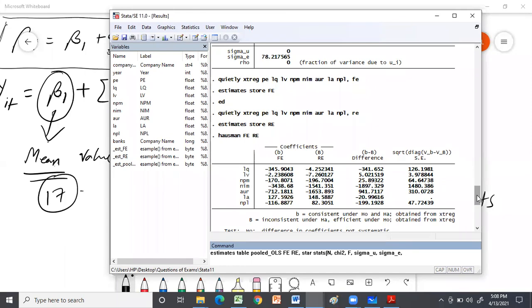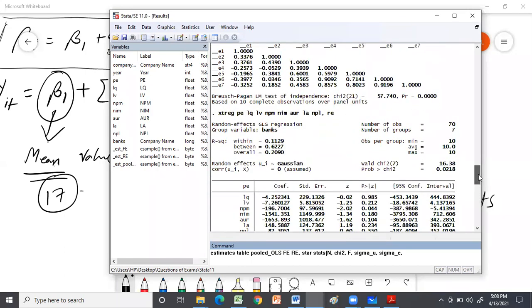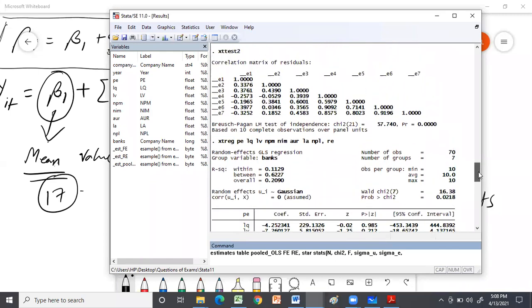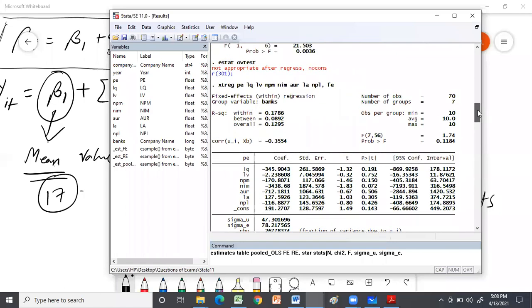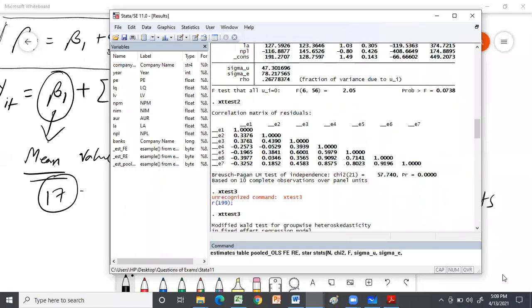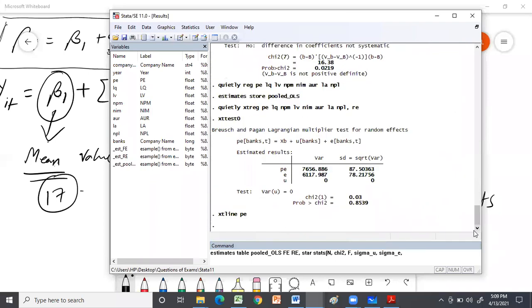Anything else in the output, আর কি থাকে? Chi-square value is already written. F value is already written. Sigma is a rho value. Okay. Rho, and closure of the first bracket. Okay. I have written: estimates table, pooled OLS, fixed effect, random effect, then star, then stats.